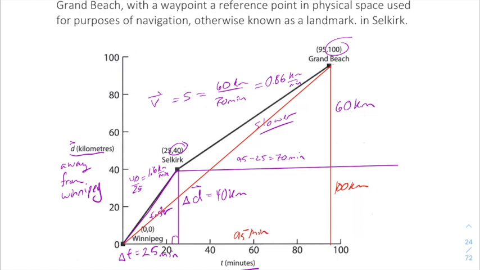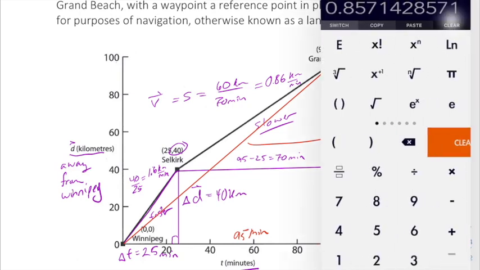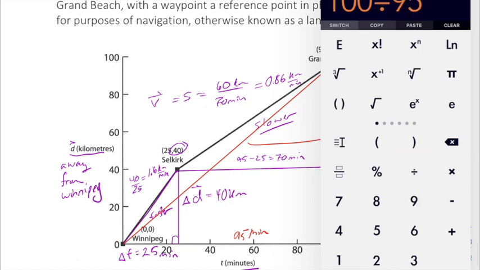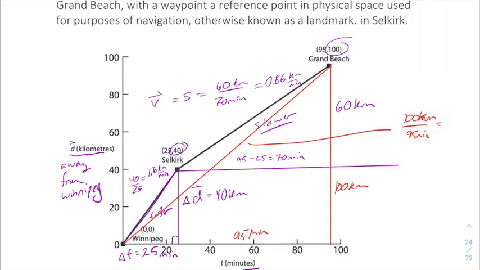So the slope here is going to be 100 kilometers divided by 95 minutes, to give us a new velocity of 1.05 kilometers per minute. And that tells you something. If you want the average speed, you'll get somewhere in between the two numbers you had. So we had 1.6 for one and 0.86 for the other. We end up with a number for the average, which is this red triangle we drew, and that average is 1.05.